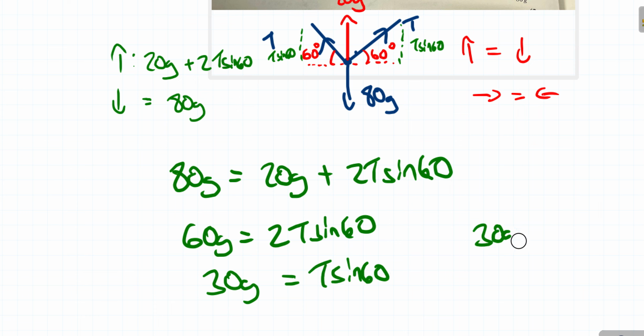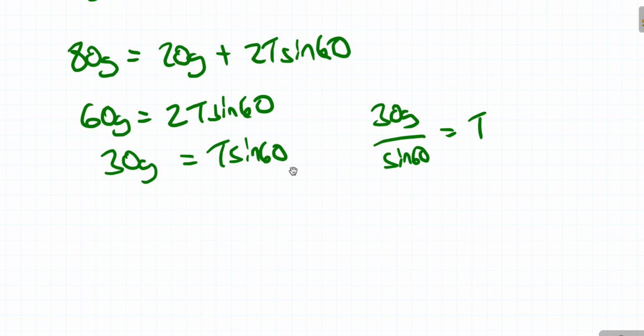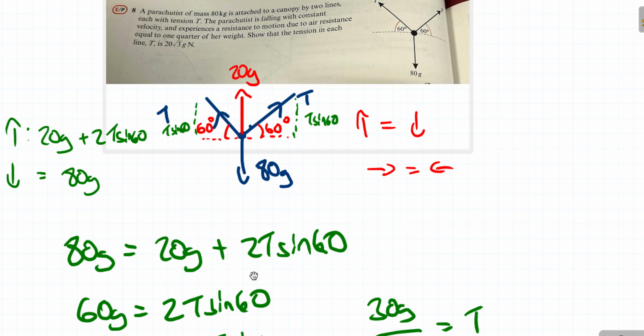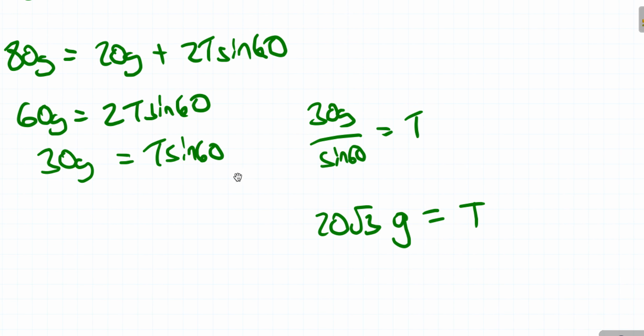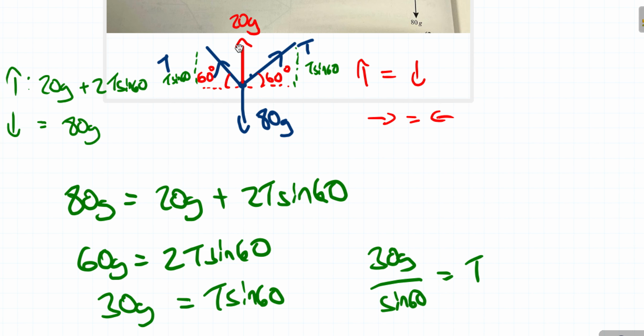Then 30G divided by sine 60 is equal to T. Checking our answer, we want 20 root 3, and 30 divided by sine 60 is equal to 20 root 3 directly on the calculator, so T equals 20 root 3 G. And that is our answer. The key thing here is to remember that the upwards force included the air resistance as well.